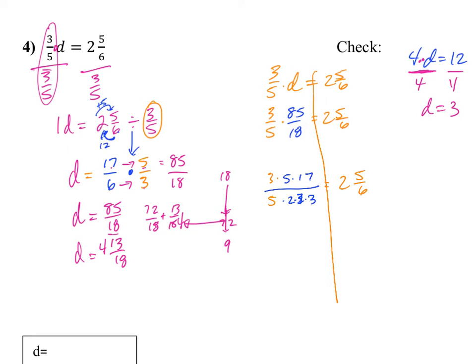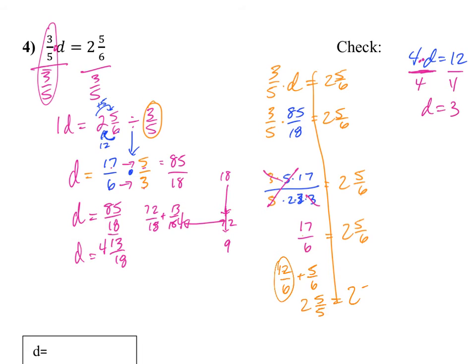Then I see the 3s reduce and the 5s reduce, which means I have 17/6 left over here. This side is still supposed to be 2 and 5/6. And 17/6 is 12/6 plus 5/6, because 12/6 is 2, and then there's the 5/6.